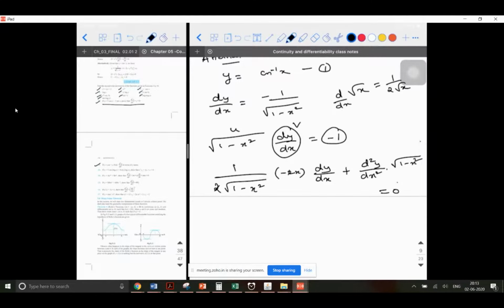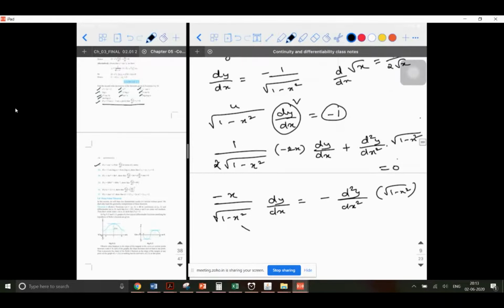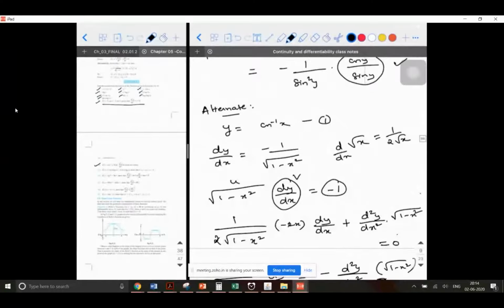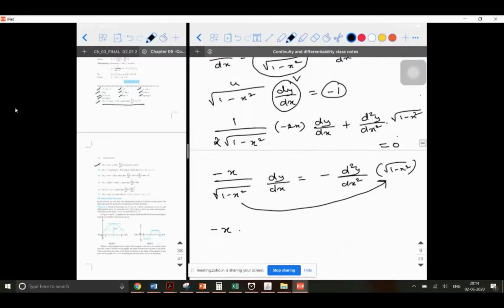Yeah, that's right. Now what can we do? So you have minus x divided by root of 1 minus x square into dy by dx is equal to minus d square y by dx square into root of 1 minus x square. So taking the root of 1 minus x square to the other side, I can write it as minus x into dy by dx. What is the value of dy by dx? dy by dx is minus 1 by root of 1 minus x square.